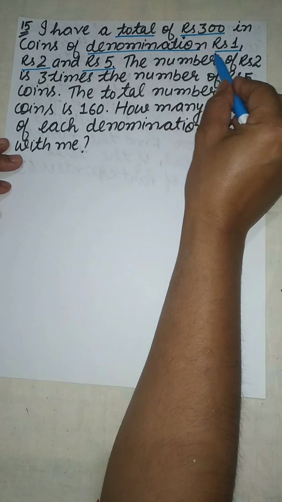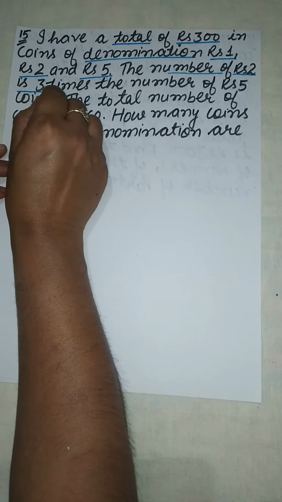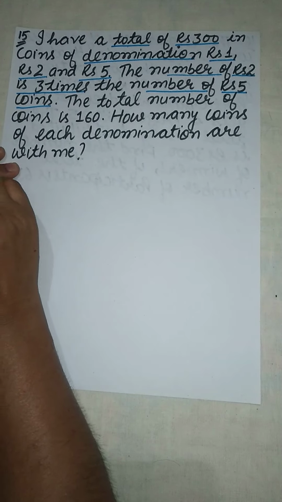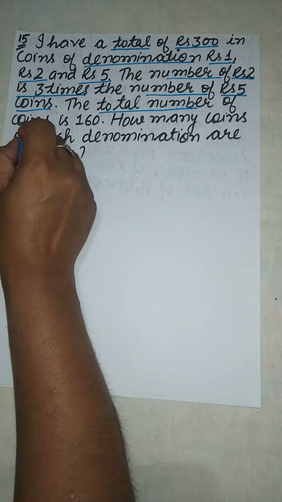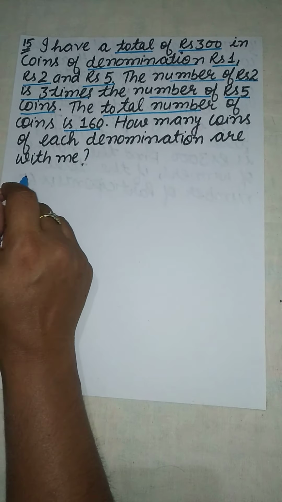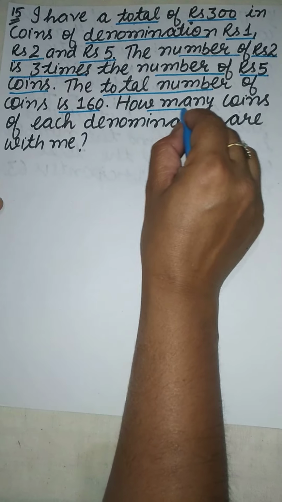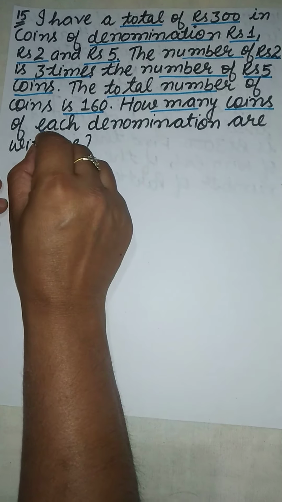The number of rupees 2 coins is 3 times the number of rupees 5 coins. And the total number of coins is 160. How many coins of each denomination are there?